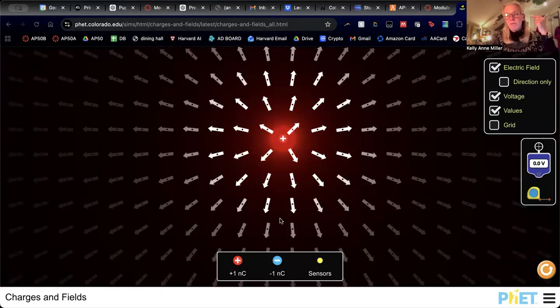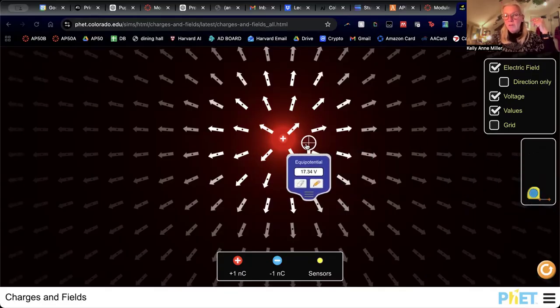So I've shown this before: I put a positive charge somewhere in space, and you can see the electric field lines radiating outward from the positive charge, out to some distant point at infinity. I can use this little tool here to map out the potential lines at each of these points.